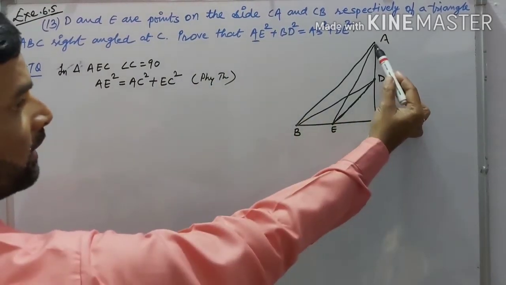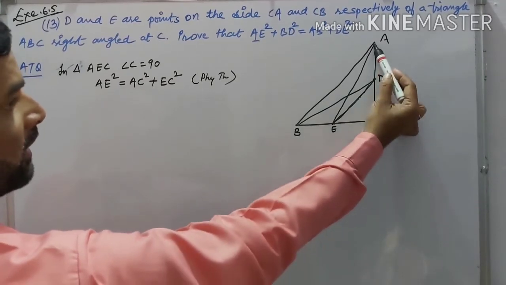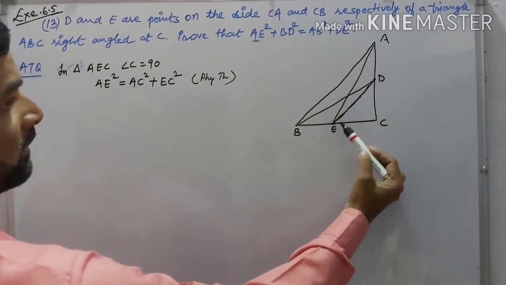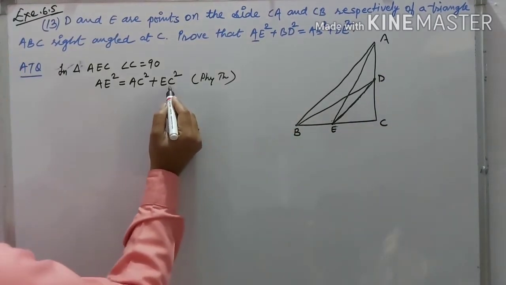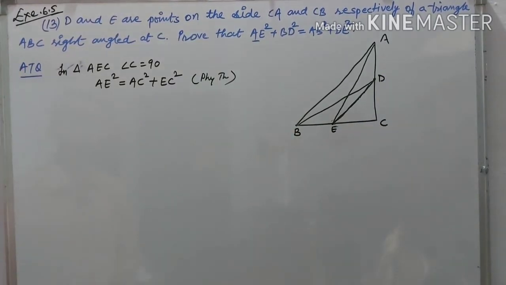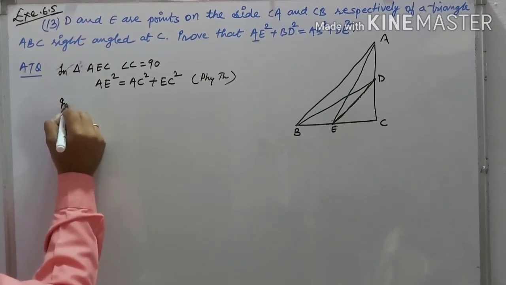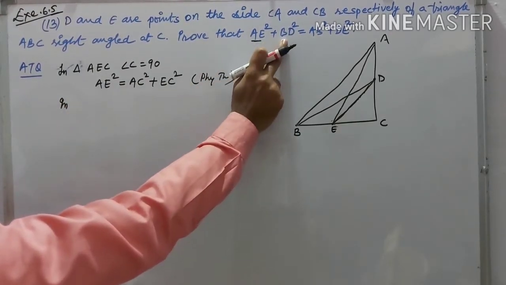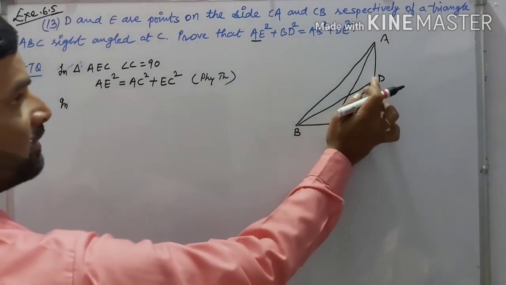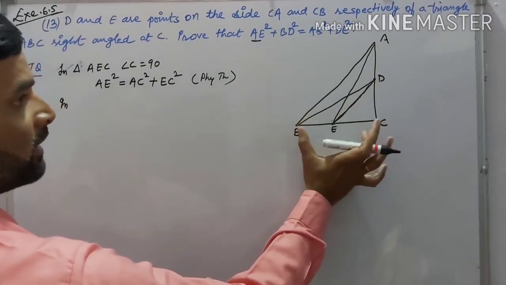In triangle AEC, AE is the hypotenuse, EC is the base and AC is the perpendicular. The first term is solved, AE. Second is BD. Where is the BD? BD is a side of the triangle.